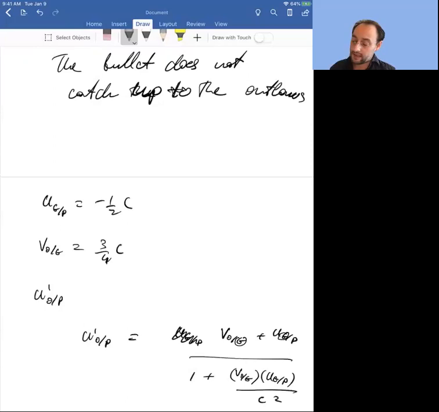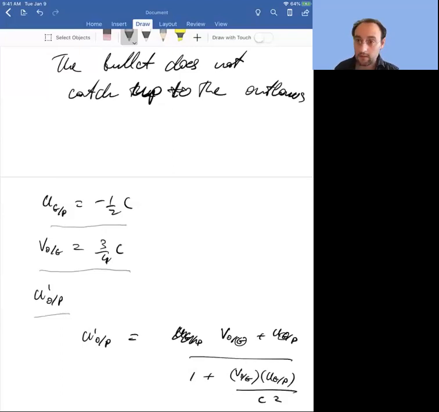Let's do it. The speed of the ground relative to the police is minus half a c. The speed of the outlaws relative to the ground is 3/4 c. Okay, so the outlaws are going that way. The ground is moving back, as seen from the frame of the police. What we want is the speed of the outlaws relative to the police.